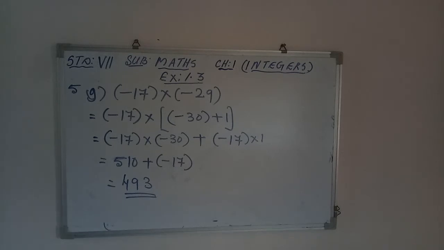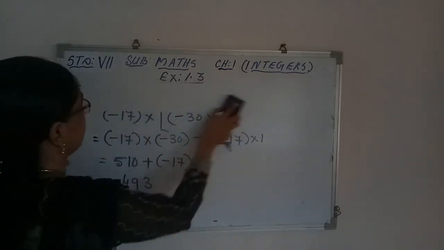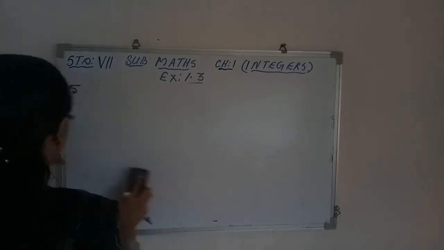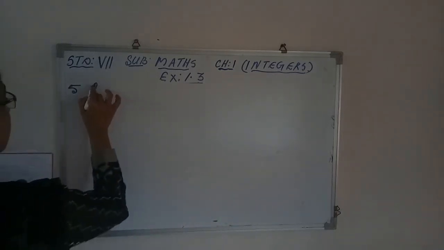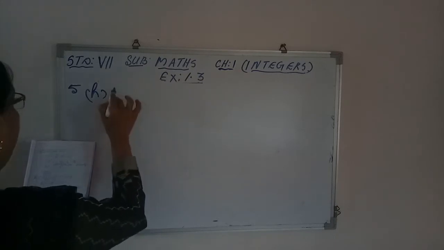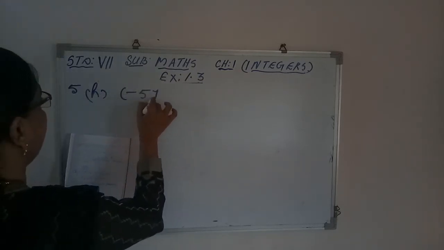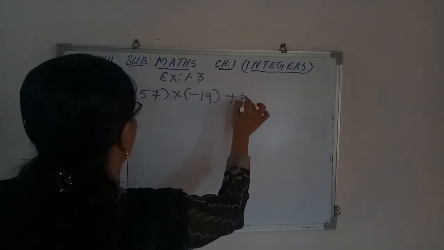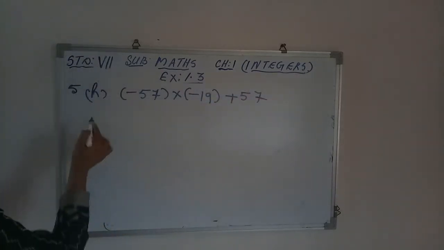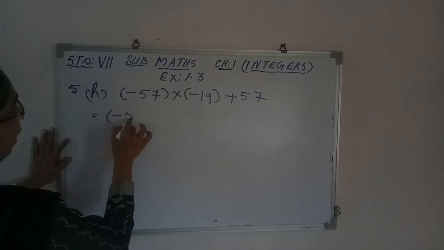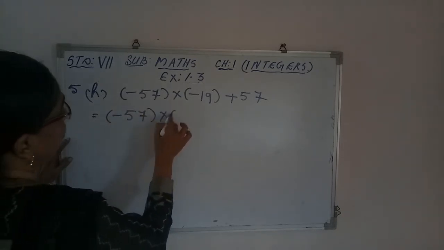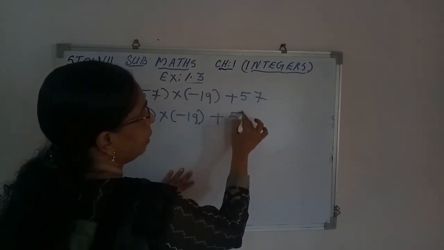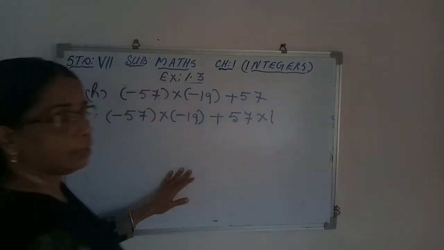So the last question in this session, that is question 5, last question, that is H. Minus 57 multiplied by minus 19 plus 57. Now see, this I am going to write minus 57 into minus 19 plus 57 can be written as 57 into 1, isn't it?